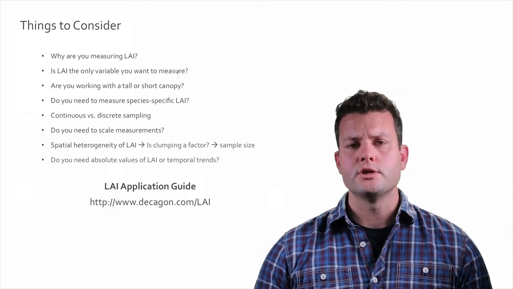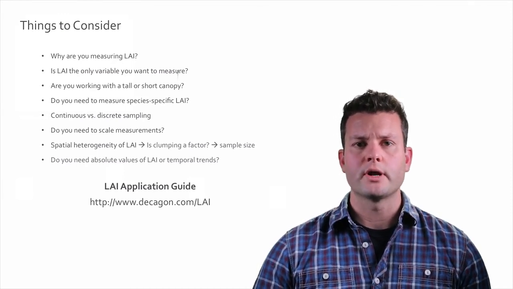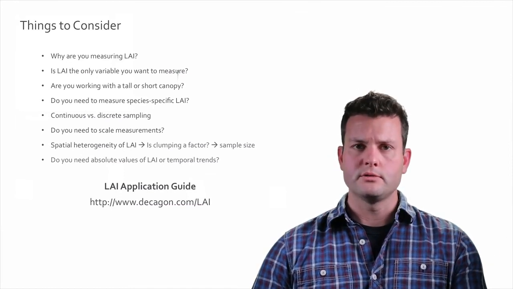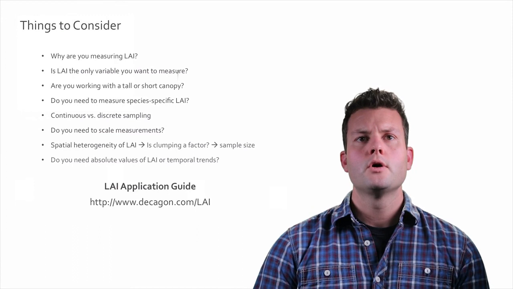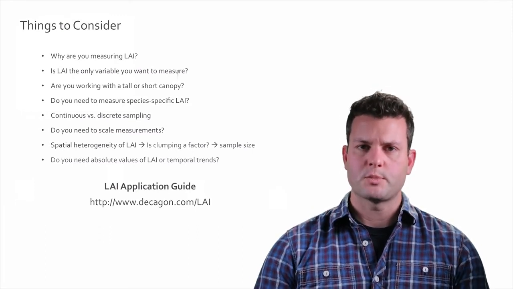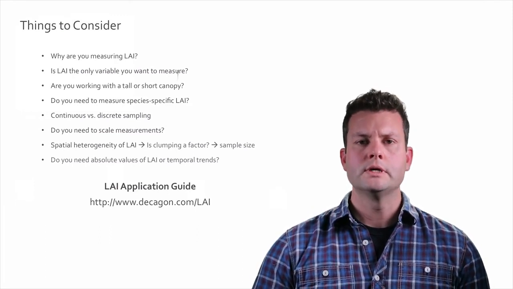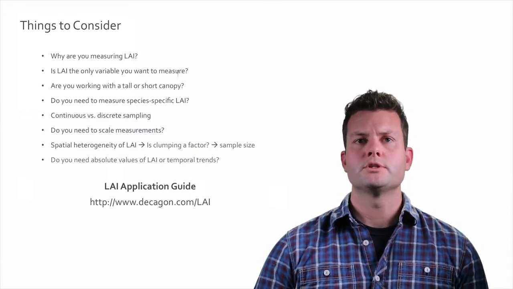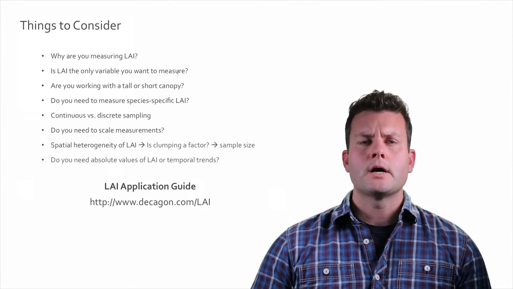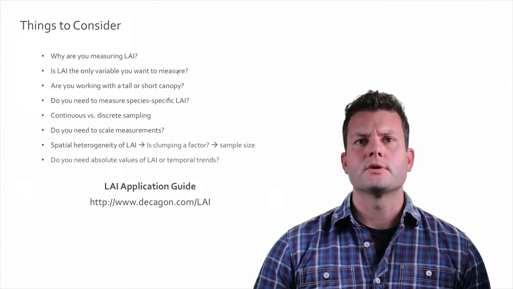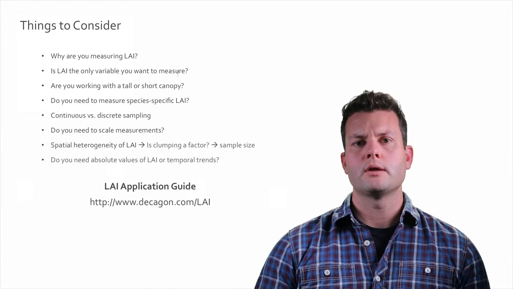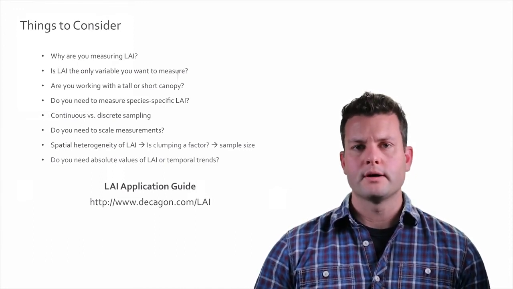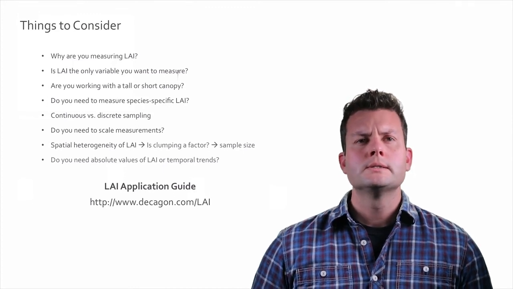Do you want to perform continuous versus discrete sampling? Do you want to have transmitted light measurements continually logged so that you can continually estimate changes in LAI? Or are you satisfied with just doing a spot sample? For example, if we want to compare LAI amongst different treatment plots, maybe the spot sampling approach is more appropriate. Do you need to scale the measurements? Consider your sampling protocol and what the sources of data are that you have available to scale from the local level to a broader scale.